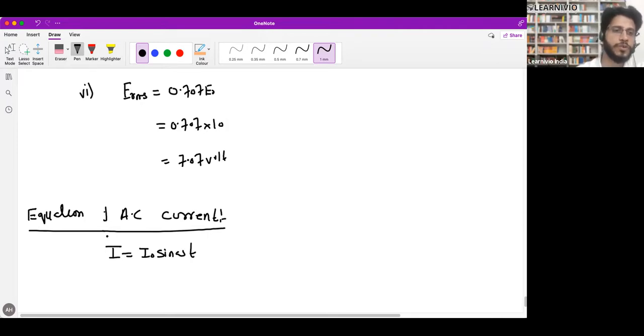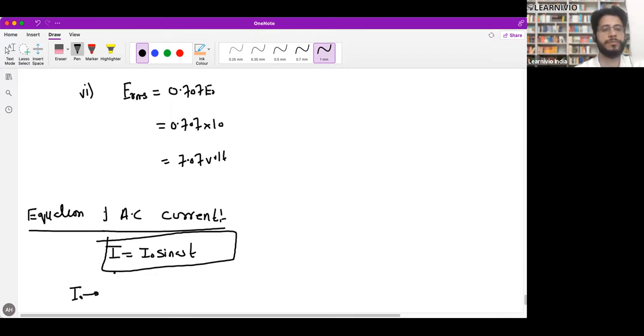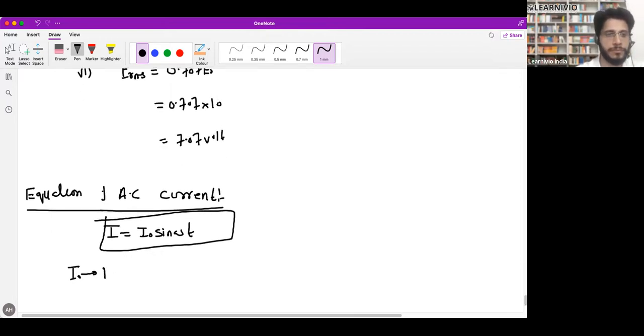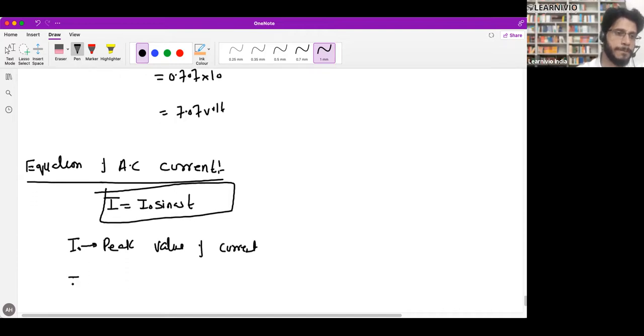Instead of EMF, you will use current. The rest of the terms have similar meaning. What should be I naught here, Abdullah? Peak value of current. And what is I? Instantaneous value of current.